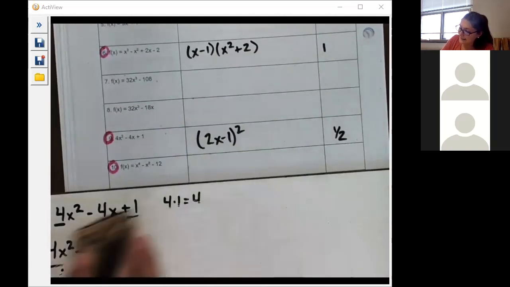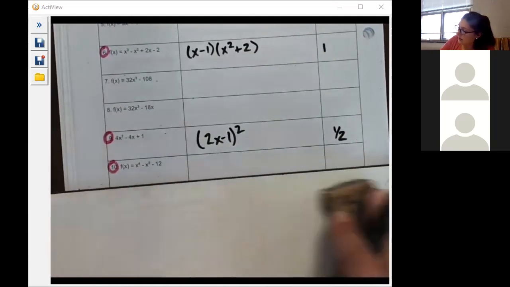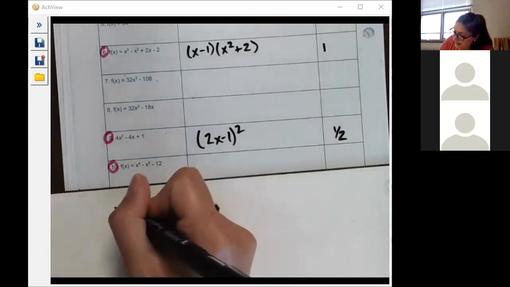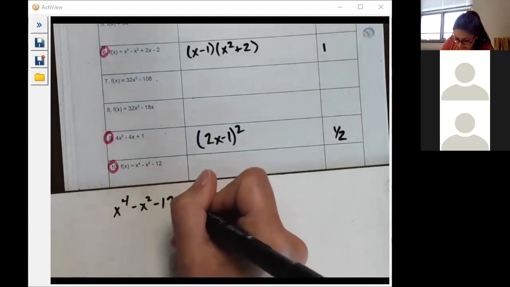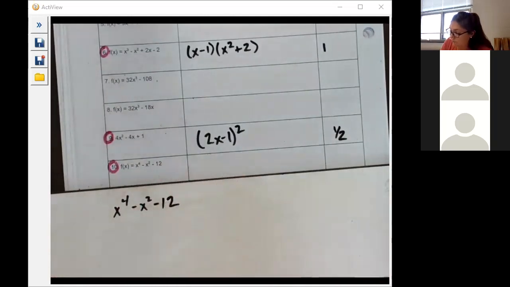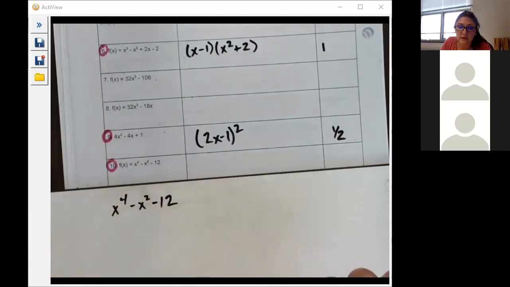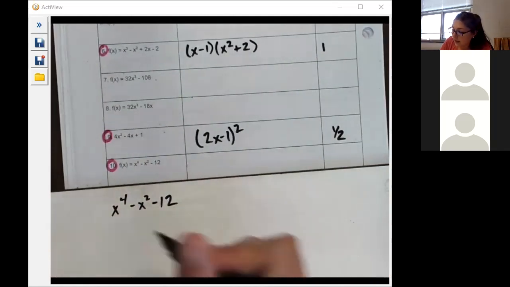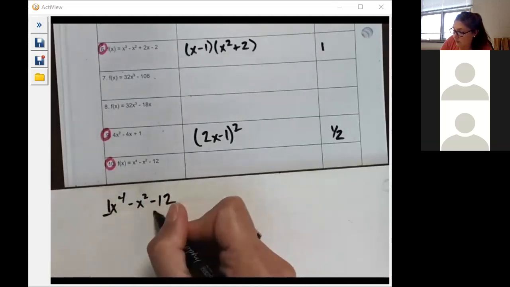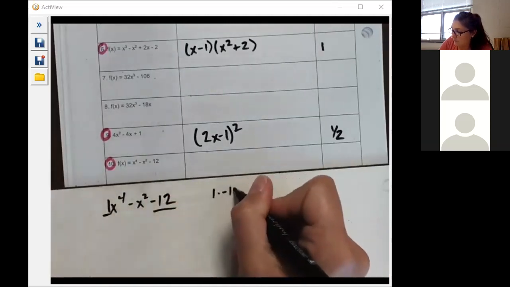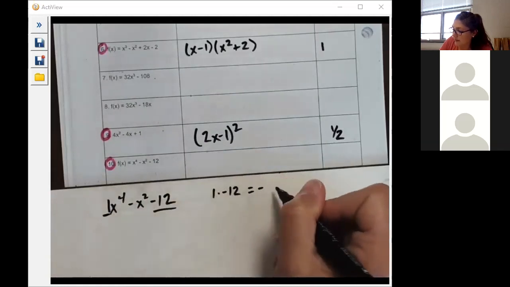Our last example on this page, number 10, is x to the 4th minus x squared minus 12. Since I've got 3 terms, we're going to use the AC method here. My lead coefficient is 1, so that'd be 1 times negative 12. That gives me negative 12.